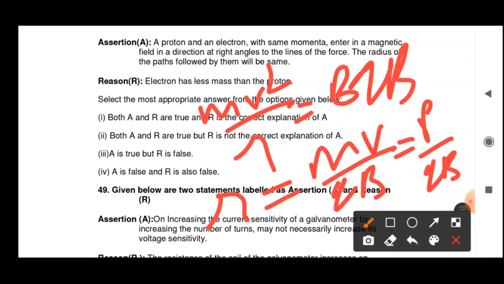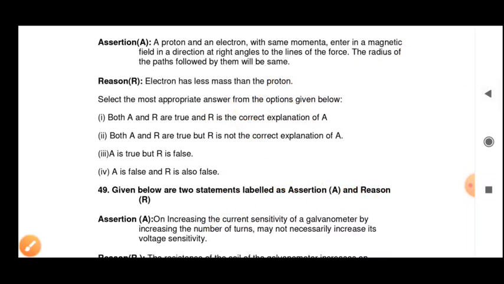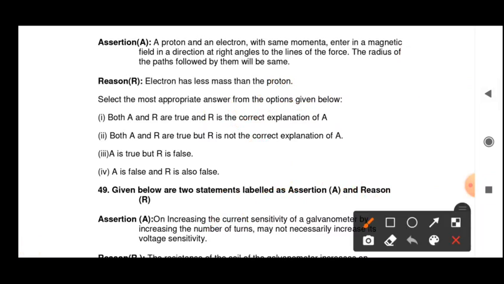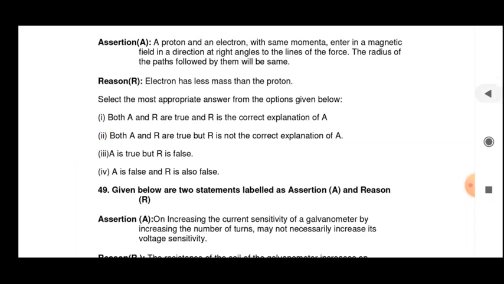Yes, this will be the same because the charge on both is the same, so from this equation all three quantities are the same. Now the reason is that the electron has less mass than the proton. That is correct, but this is not the explanation of the first one. So both are correct, but R is not the explanation of A here.